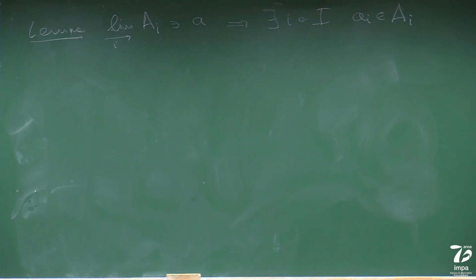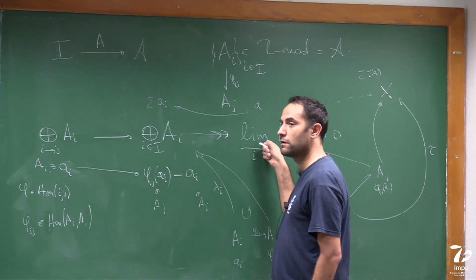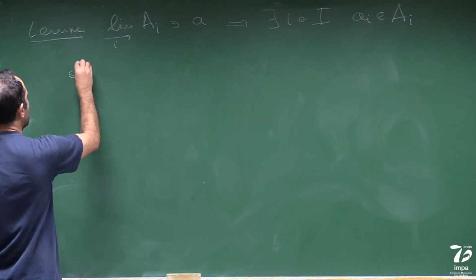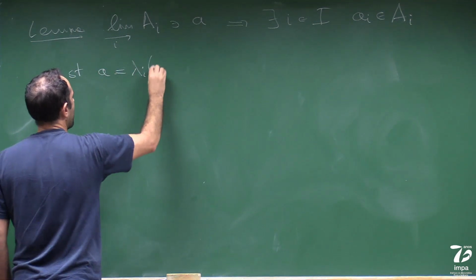Let's put names. I don't remember if the book uses tau or phi or lambda; I'm going to use lambda for this morphism, from A_i into the direct sum, and the same symbol lambda_i from A_i into the direct limit. By composition, we project into the colimit. So there exists some a_i in A_i such that a is equal to lambda_i of a_i.